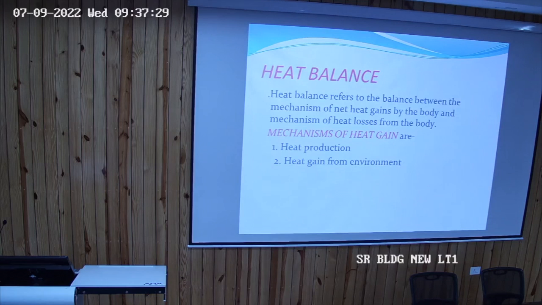What do you mean by heat balance? What do you mean by balance? एंजॉयमेंट और स्टडीज में बैलेंस बना के रखना पड़ता है मेडिकोस को. रखना पड़ता है या नहीं रखना पड़ता? रखना पड़ता है.